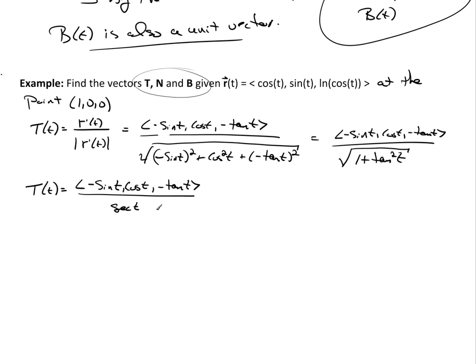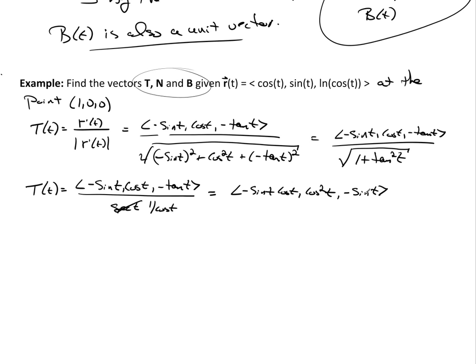Let's go ahead, it may come in handy. This is the same as multiplying by cosine of t, so this is negative sine t, cosine squared t, and negative tangent times cosine, sine over cosine, so this is just negative sine.